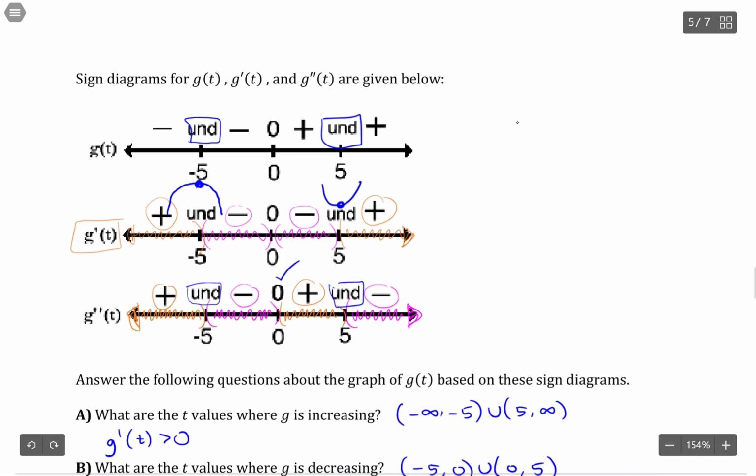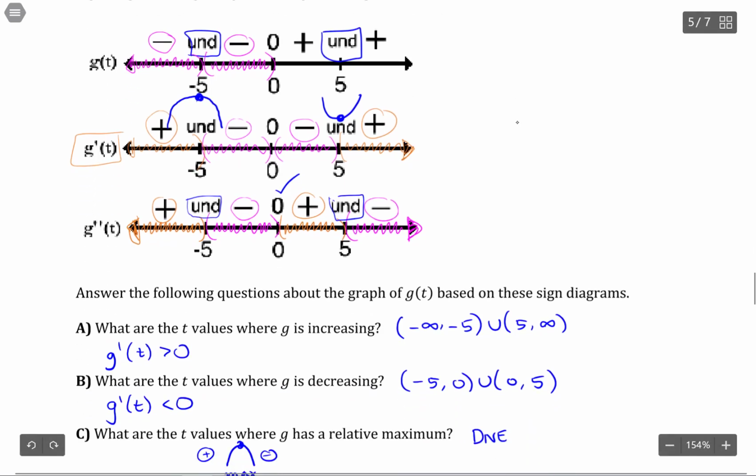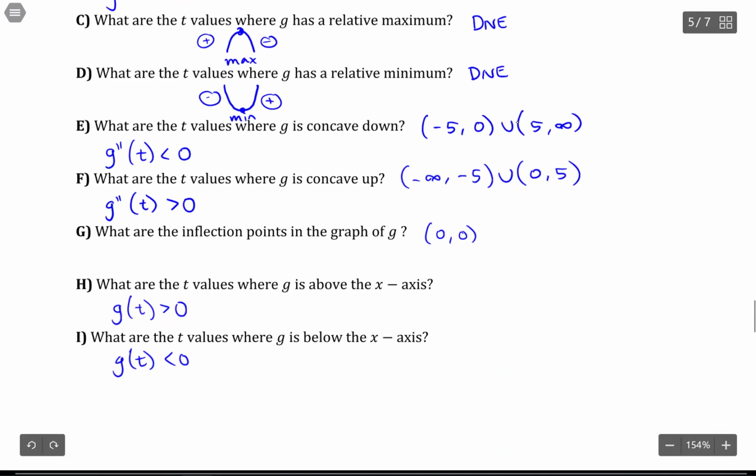We're just now doing it with the original function. The original function is below the axis on these two intervals, and we're going to join them together with two different sets. So from negative infinity to negative 5, and then negative 5 to 0.